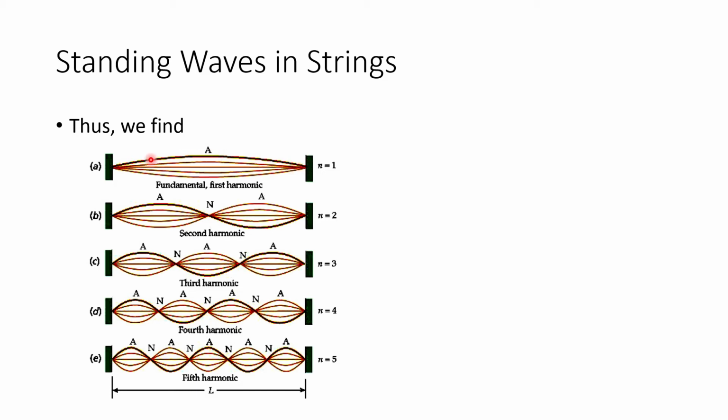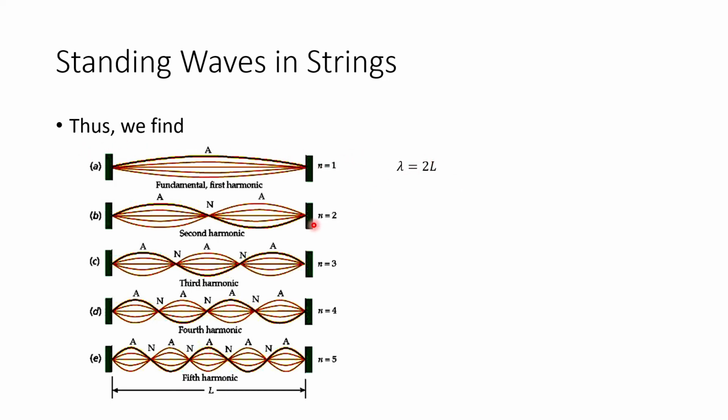So here you can tell that this is one node. This is one antinode. Therefore, the distance between the two nodes is going to be half a lambda. Since you know that in this setup, L is fixed, so lambda is going to be twice the total distance here.